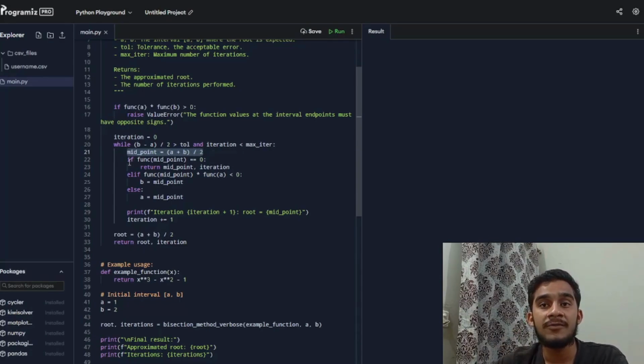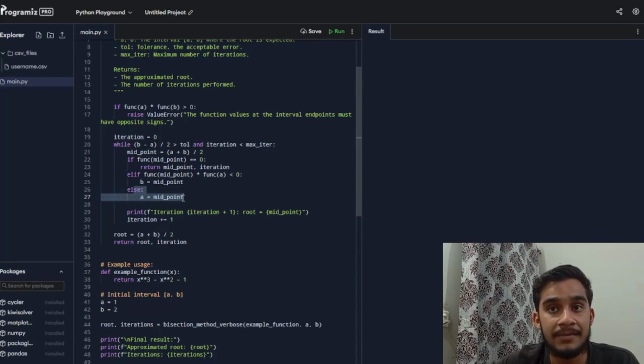Then we initialize the if-else condition. First, if f(midpoint) is equal to 0, it returns midpoint and iteration. Else if f(midpoint) times f(a) is less than 0, b is equal to midpoint, and else a is equal to midpoint. If these two conditions are not true, the else condition runs automatically.